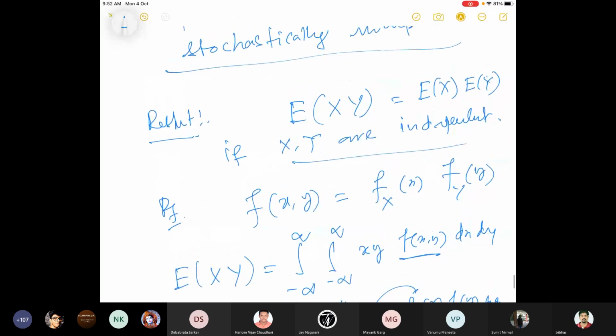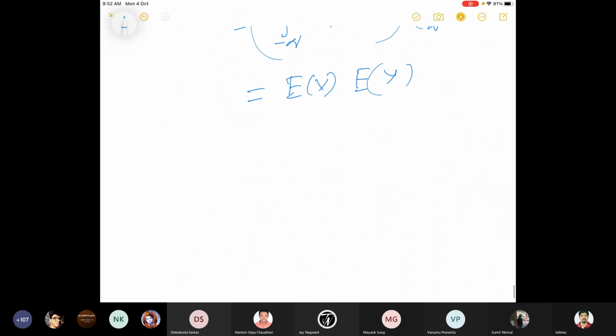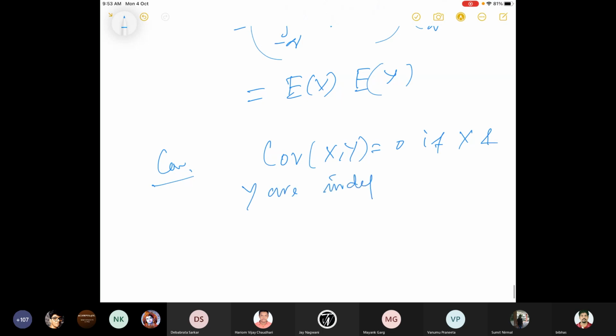If that is the case, then as a corollary, the covariance of xy will be 0 if x and y are independent.